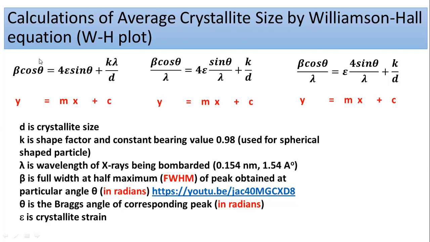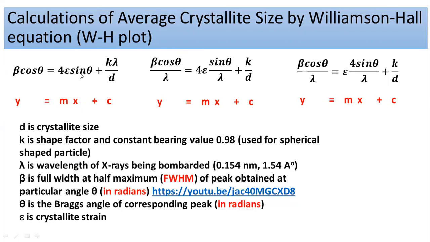So now look at this equation. This is the straight line equation with the intercept, y equal to mx plus c. And you remember there are two forms of the straight line equation. One is with intercept, here plus c, and the other one is without intercept, that is y equal to mx. But this equation is with the intercept because the plus sign is here.